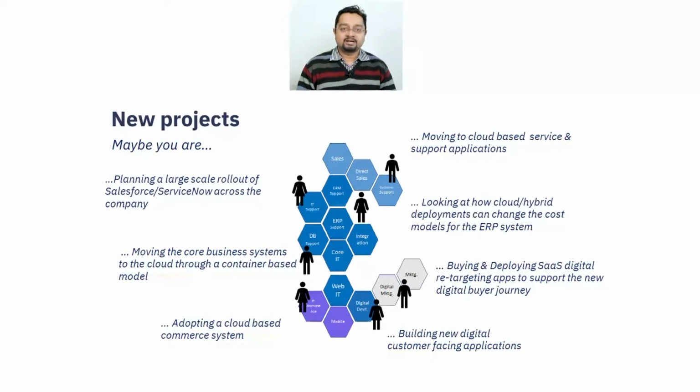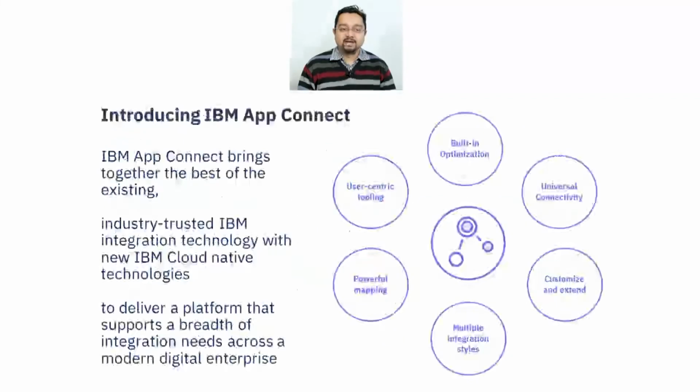So today in our session, we are going to talk about IBM App Connect, which will help you in achieving all this seamlessly. IBM App Connect brings together the best of the existing integration technology along with the new cloud applications. Any platform which needs to cater to this digital revolution, you would want to have universal connectivity to support n number of applications which are being used in any enterprise.